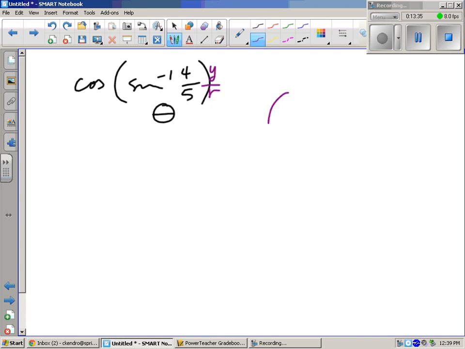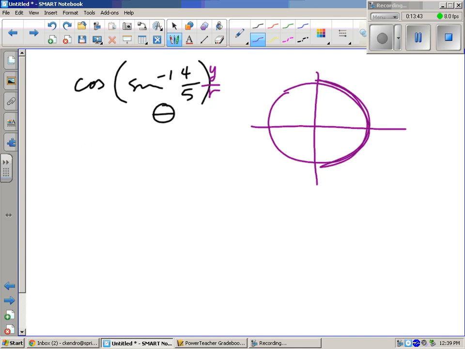As soon as we start talking y's and r's and x's, you should be drawing a triangle. Right half is restricted for the inverse sine. These are both positive, so that means I'm in the first quadrant. So y is 4, r is 5, that means x is 3.